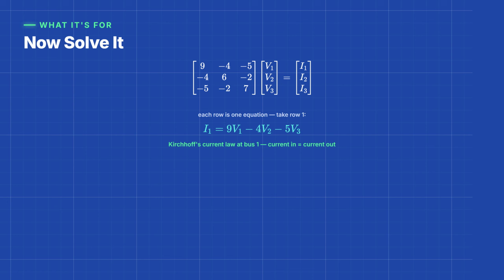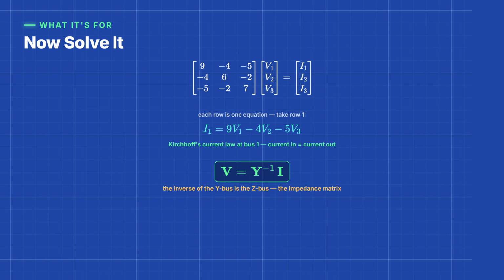Now, the payoff. Usually we know the currents flowing in from generators and loads, and we want the voltages at every bus. So we solve the system. In matrix form, we invert the Ybus. This inverse has its own name, the Zbus, the impedance matrix. It gives every bus voltage from the currents.